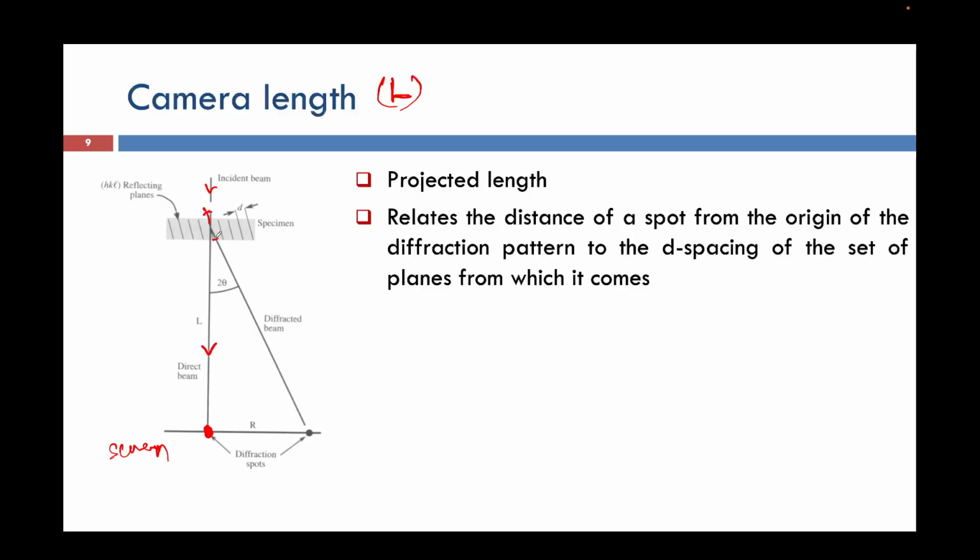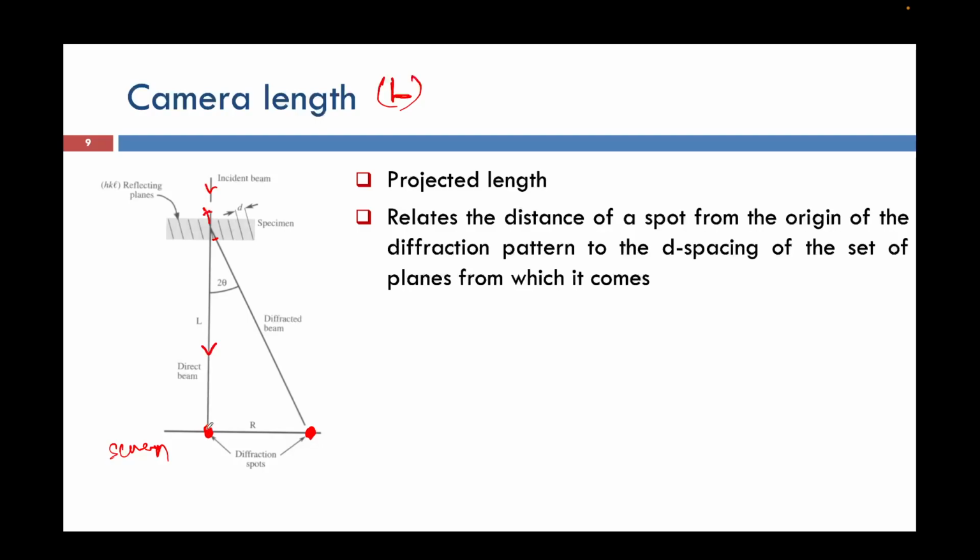So this is a diffracted spot. The role of camera length is to relate the distance between the origin of the diffraction pattern to the d-spacing of the set of planes from which it comes. How it does that, we will see.